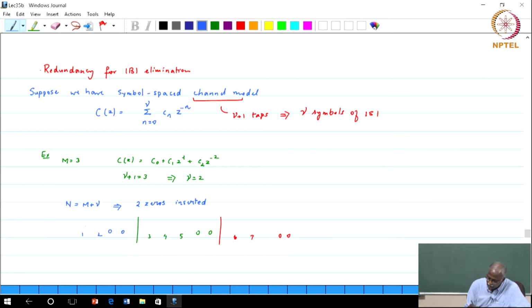So, this is X0, X1, X2, X3, X4, X5 and X6, X7, X8. Okay. Now, passing through this channel, what we will get is R0, R1, R2, R3, R4, right. When you convolve, you will get the longer sequence, okay.